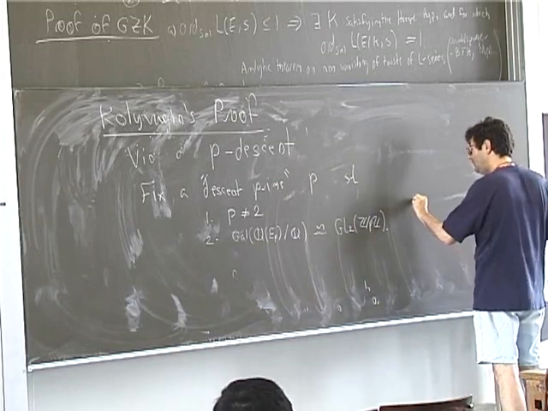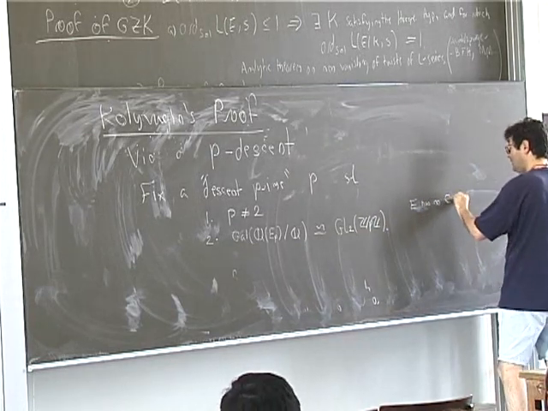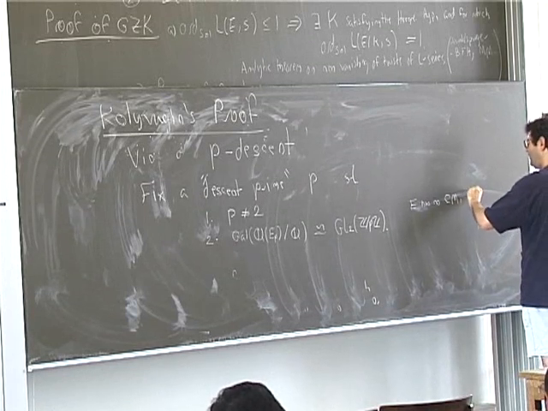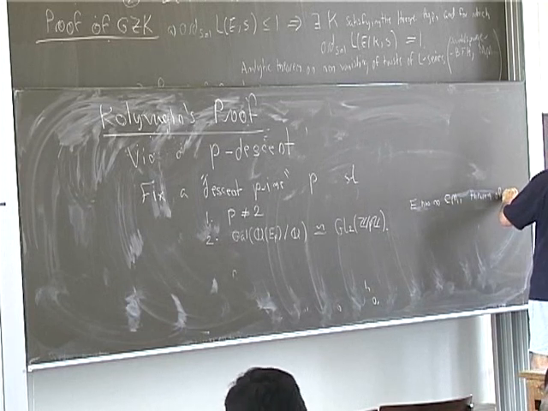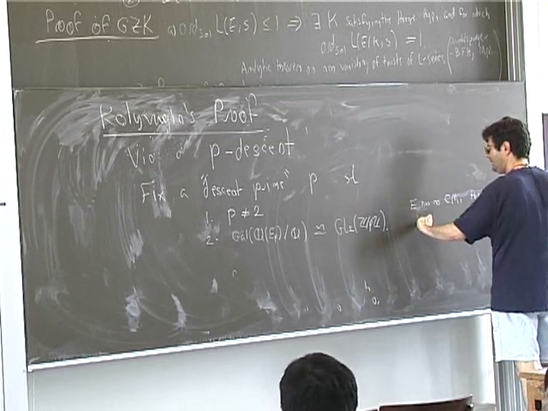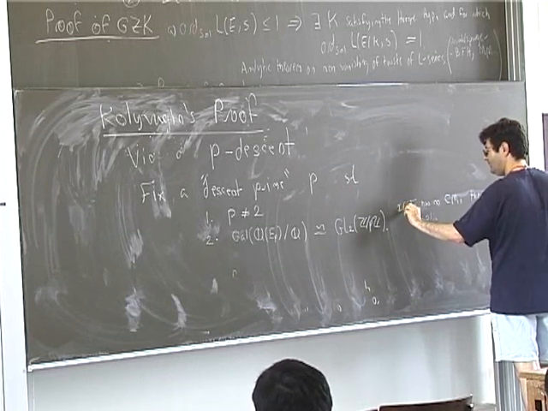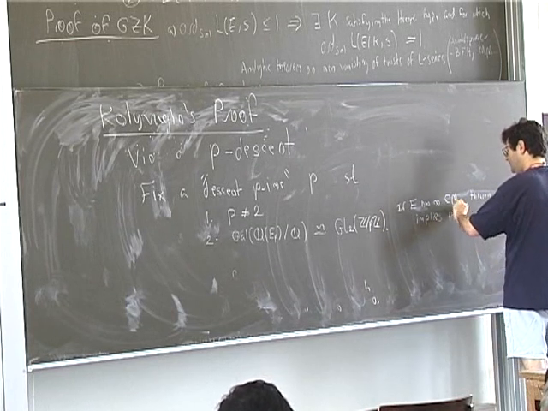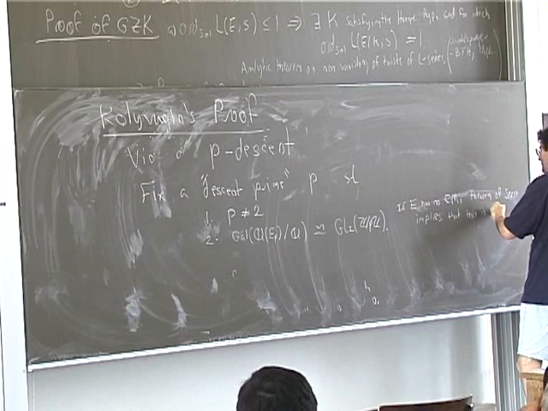I can do this if E has no CM, no complex multiplication. If E has no CM, a theorem of Serre implies that this is possible, that you can find infinitely many p satisfying this condition.